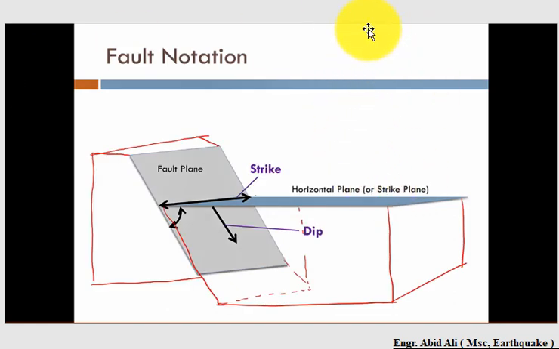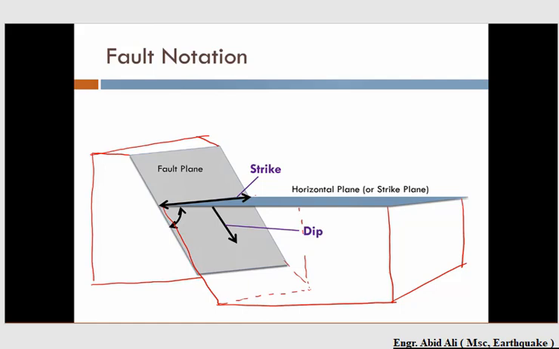Couple of things first. The angle from the horizontal at which the fault plane dives down into the earth, that's what we call the dip.